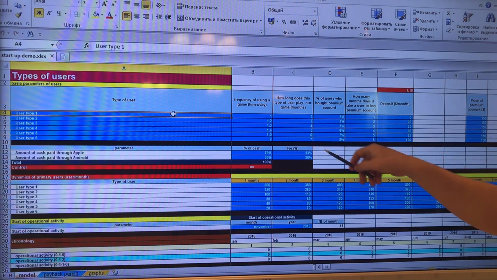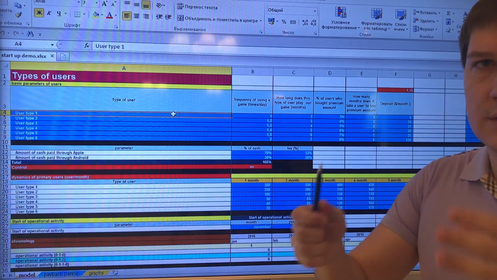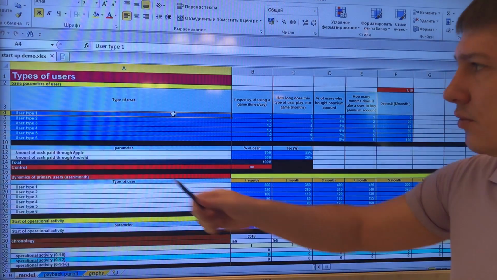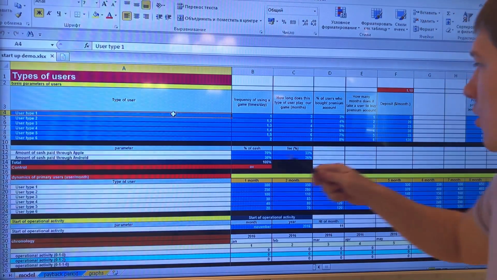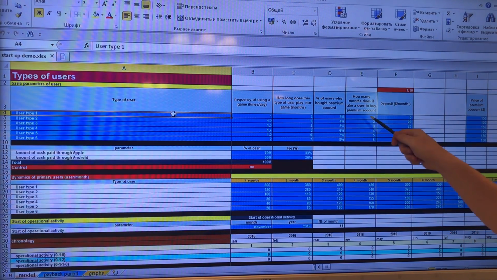For example, of the general amount of users of type 1, only 3% bought a premium account.